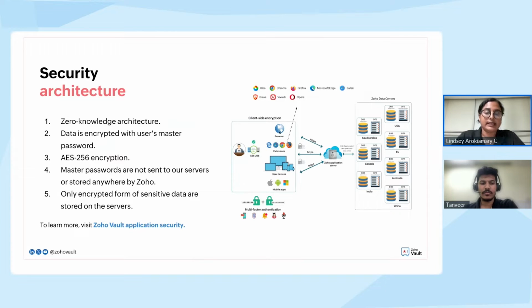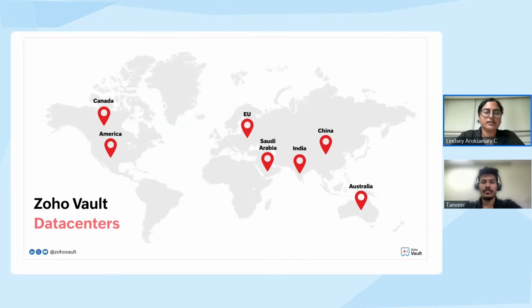The entire data will be transmitted over HTTPS, ensuring complete security and privacy. To learn more, check out the Zoho Vault application security page. We have our data centers in Canada, America, EU, Saudi Arabia, India, China, and Australia.